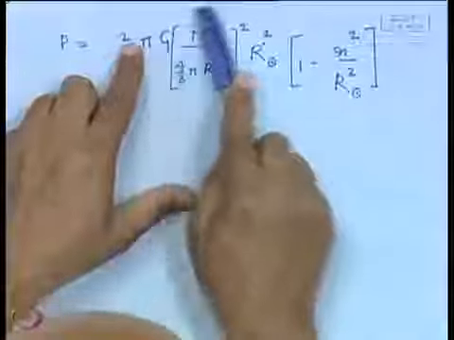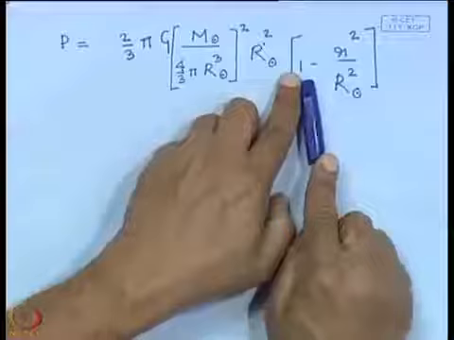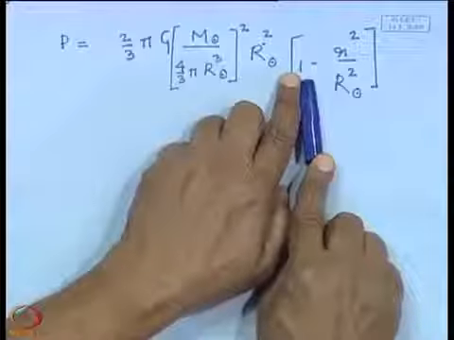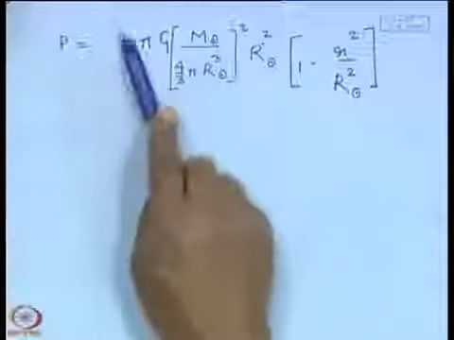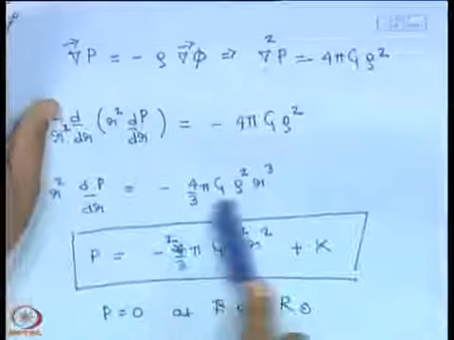Right. So, this is the pressure inside the sun. You can see that all of this into 1 is the constant of integration, and this term into all of this is essentially just this.